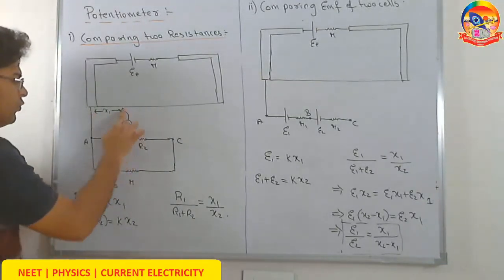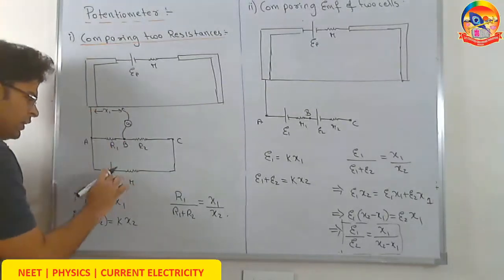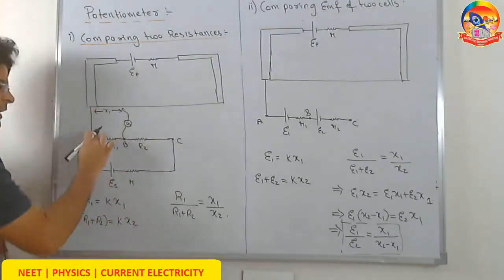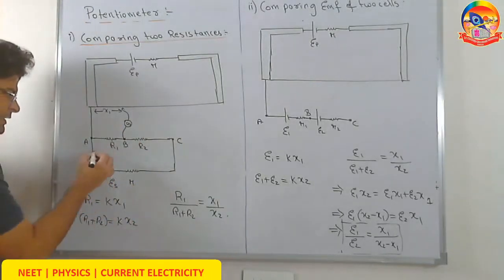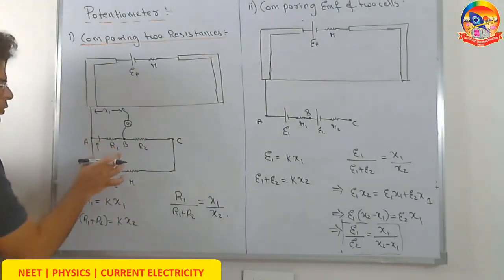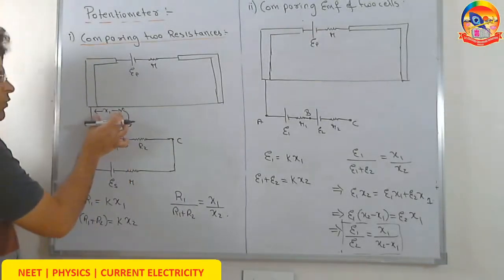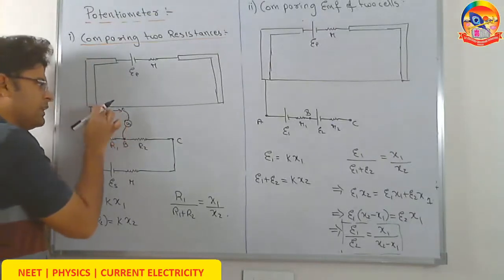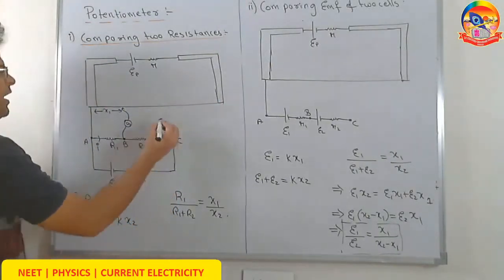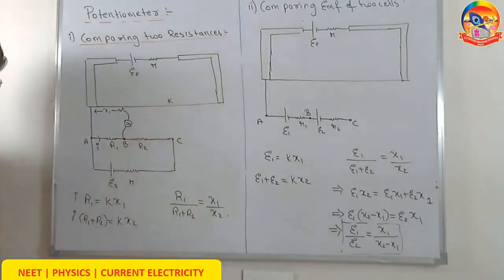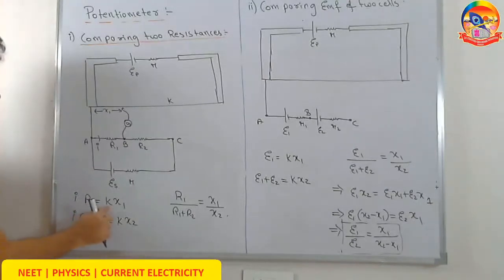Since no current flows through G, no current flows here as well. So only in the secondary circuit the current will be ES upon (R1 plus R2) plus r. So let's say this current is I, the potential drop across R1 will be I R1, and this has to be equal to the potential drop in a length x1 of this potentiometer wire. Let's say for this particular potentiometer wire, the potential drop per unit length is K. So the potential drop in a length x1 will be Kx1. So you can write I into R1 equals Kx1.